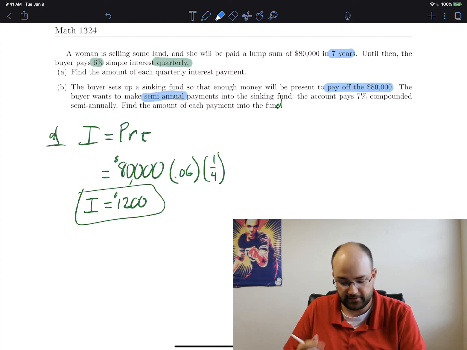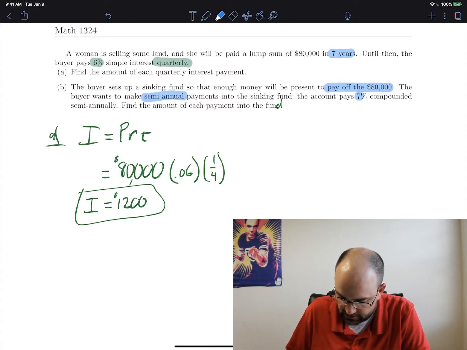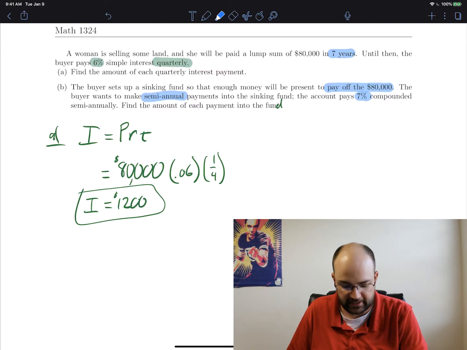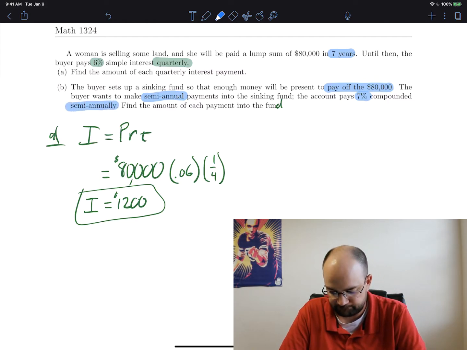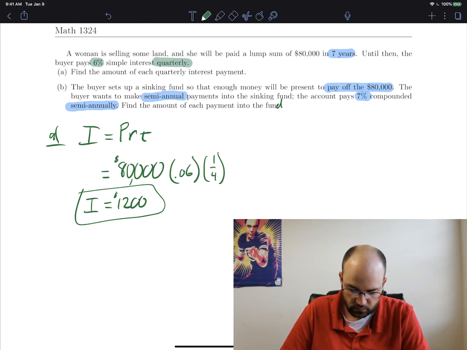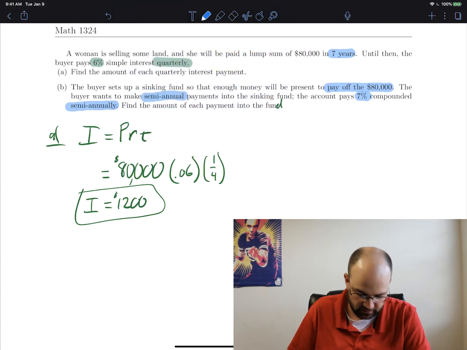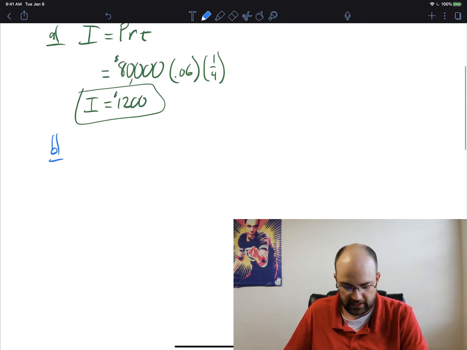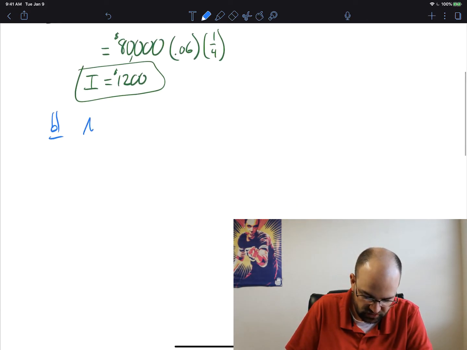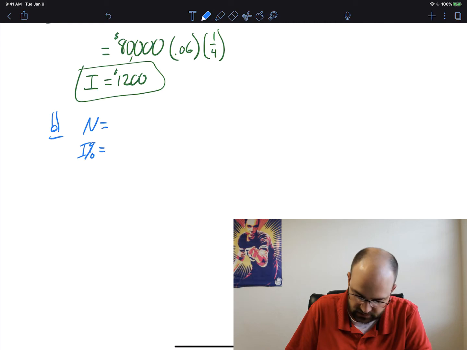Now, this fund that they're putting it in is given at 7% compounded semi-annually. With that being said, this is very similar to the question that we saw in the last example. And as a result, I'm just going to go ahead and show this because the TVM solver is just easier here.